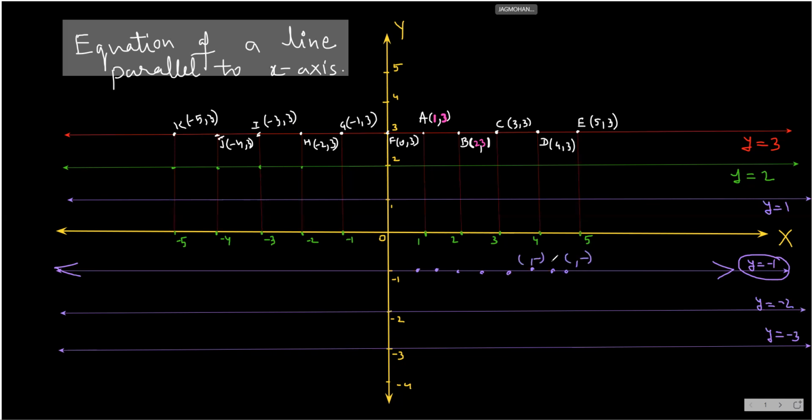The x coordinate is different, but the y coordinate is always -1 here. So we can write here a line which is parallel to the x-axis.